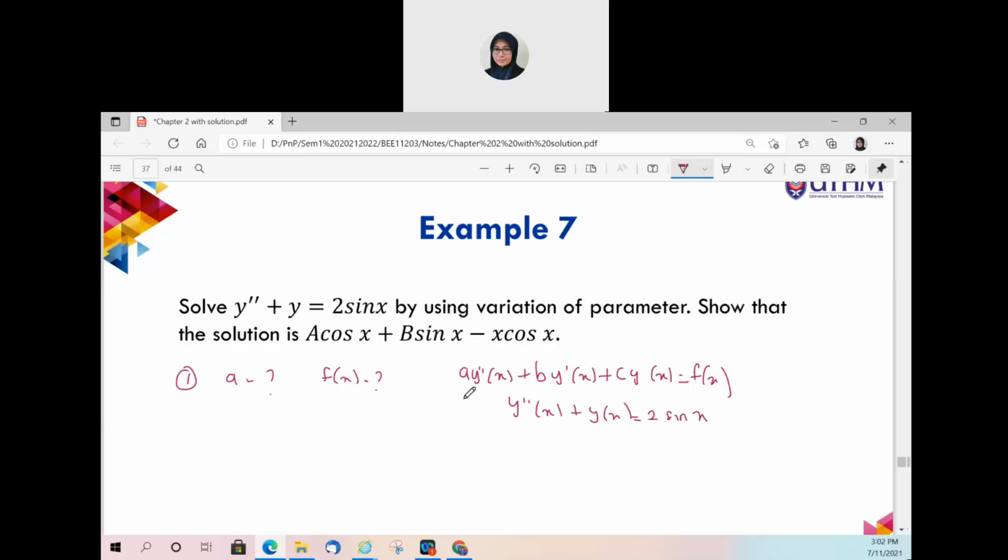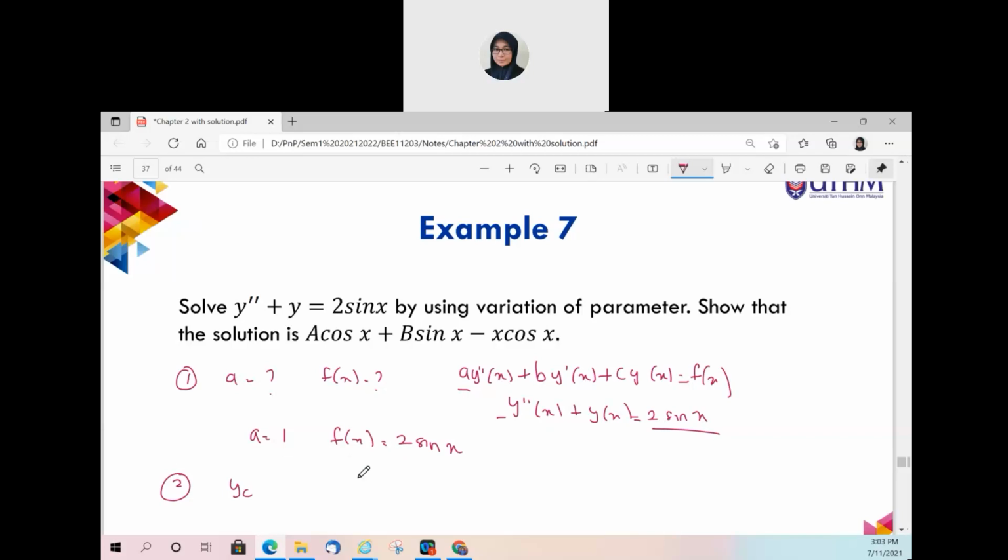So what is your A? One. A is 1. And fx is 2 sin x. Okay, so this is your A, this is your fx. Okay, the second step is you have to find yc.